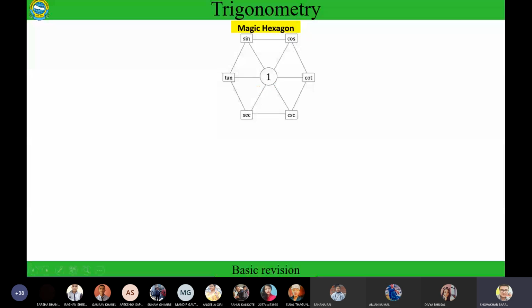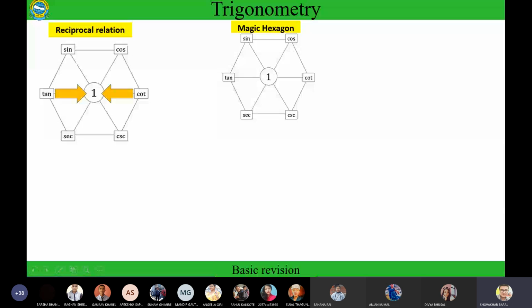And let's begin by discussing this formula, reciprocal relation. Reciprocal relation को लागि चाहिँ के गर्ने भन्छ, यसको यो अपोजिट इन्टरलाई मल्टिप्लाई गर्ने. जस्तो tan theta into cot theta is equals to 1, or tan theta is equals to 1 upon cot theta, cot theta is equals to 1 upon tan theta. Similarly, let's see the another diagonal, the opposite end of the diagonal.